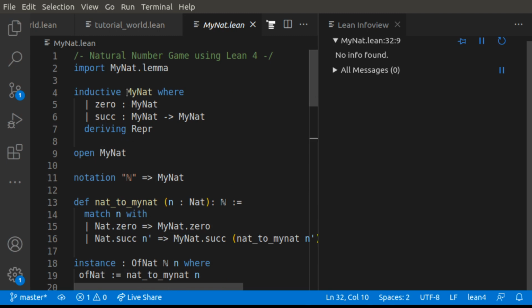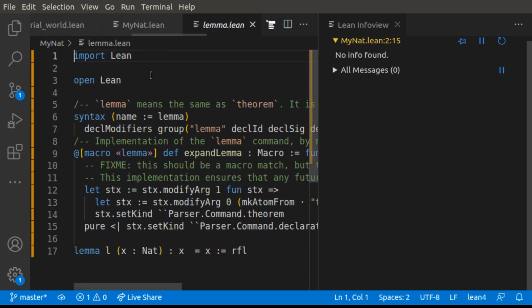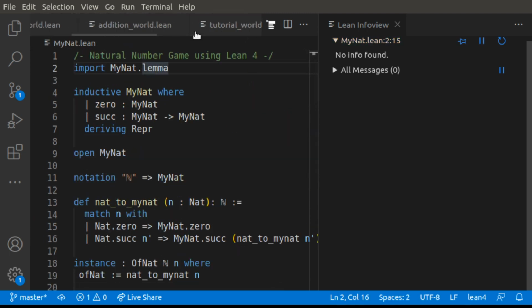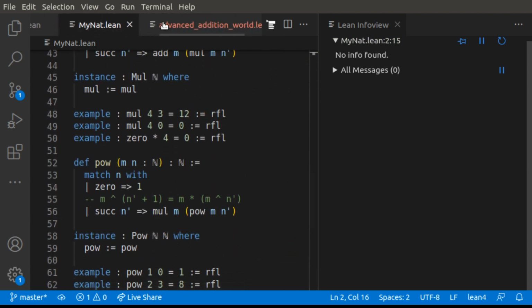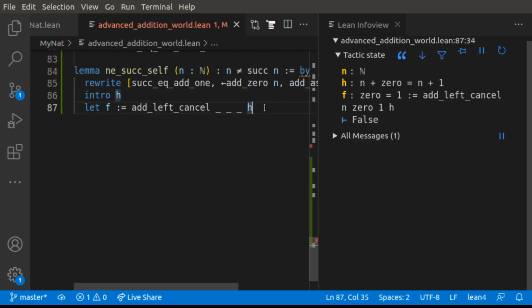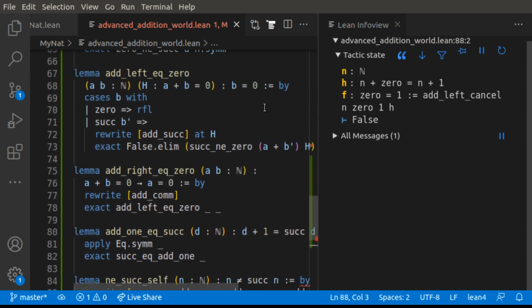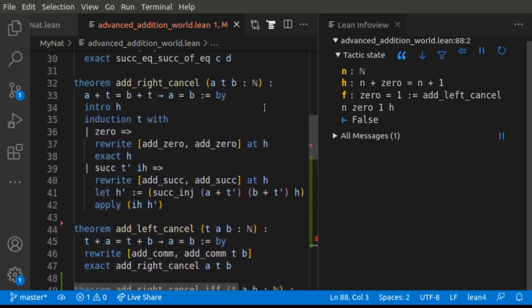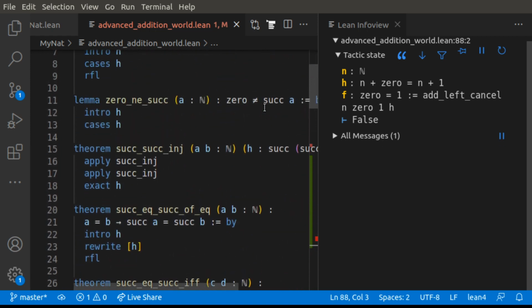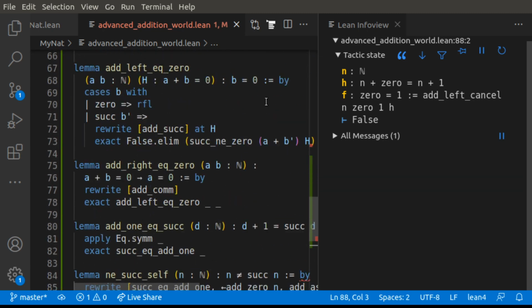No, not here. Maybe in Lemma? No. Okay, I feel like we're close, so we've pretty much reduced it to how do I prove that 0 doesn't equal 1? Oh, we can turn 1 into successor of 0. Yes, and then we also have 0 not equal successor. Okay. We have progress.